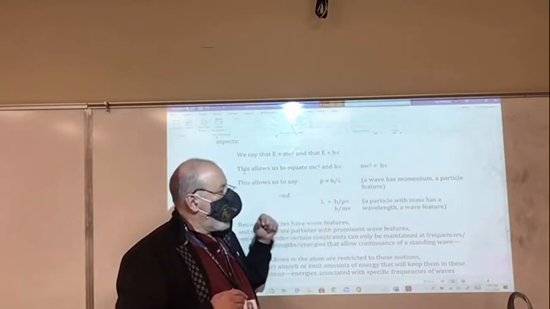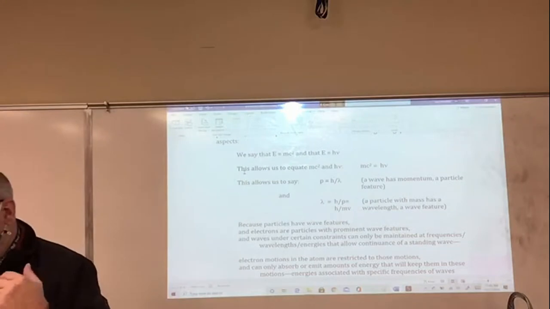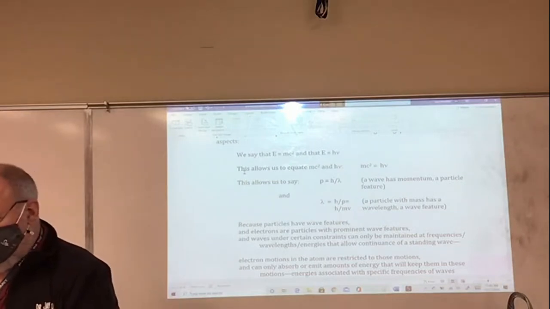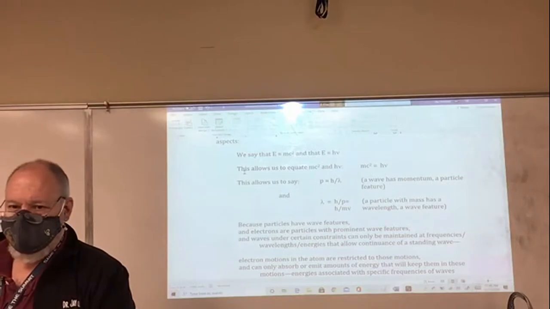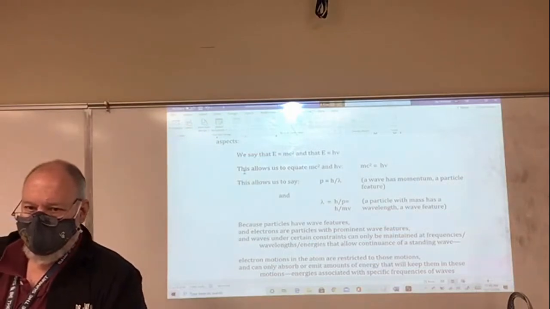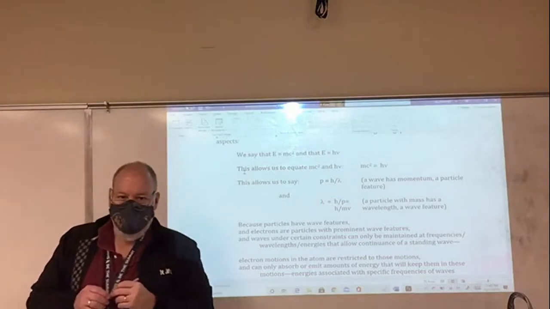Okay, what was it about the electron that made it so that the wave feature dominated? Yeah. Just the electron is so small that its particle nature isn't as powerful as the wave nature.